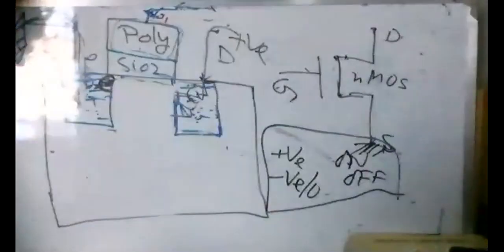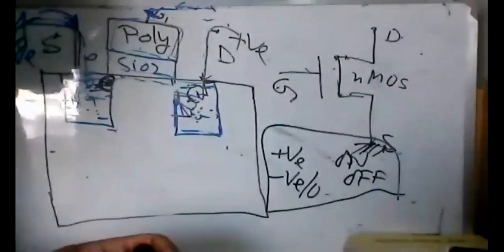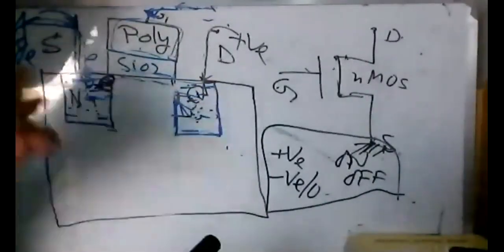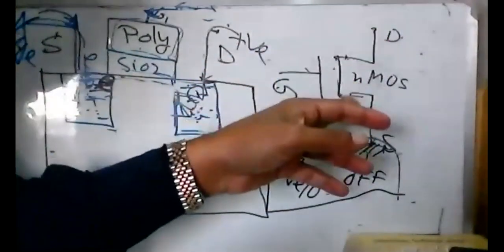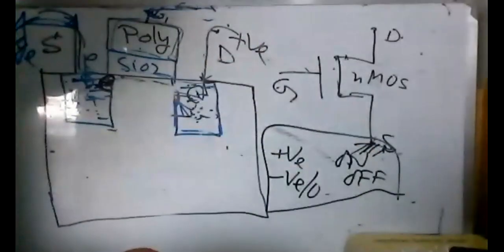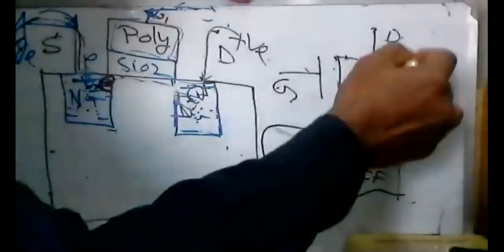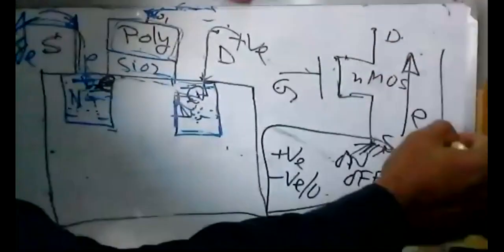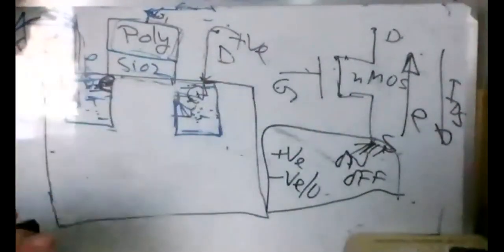This is our conclusion, right? This is for NMOS. For NMOS, if you apply positive voltage, the transistor will be on, the current will flow from drain to source, and electrons will flow from source to drain. Electrons will go this way, and current will go this way, IDS. This is the conclusion.